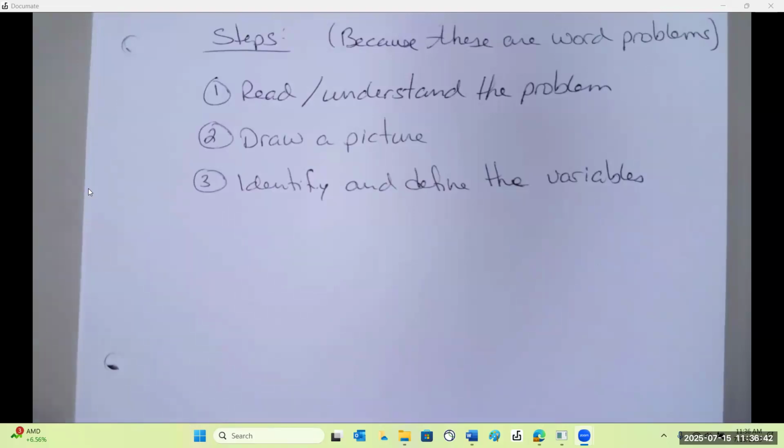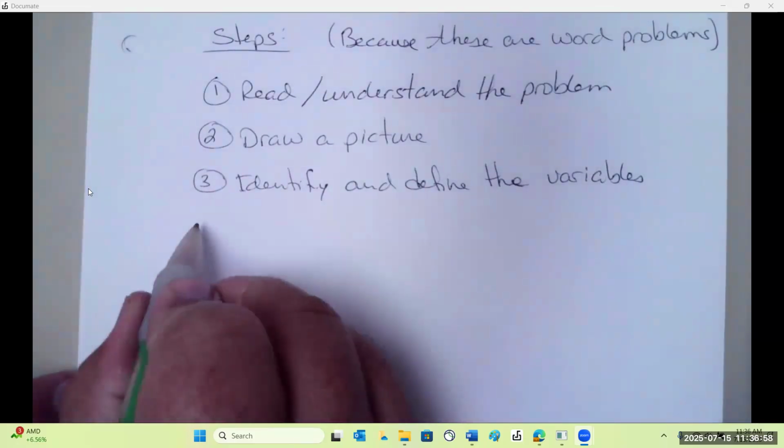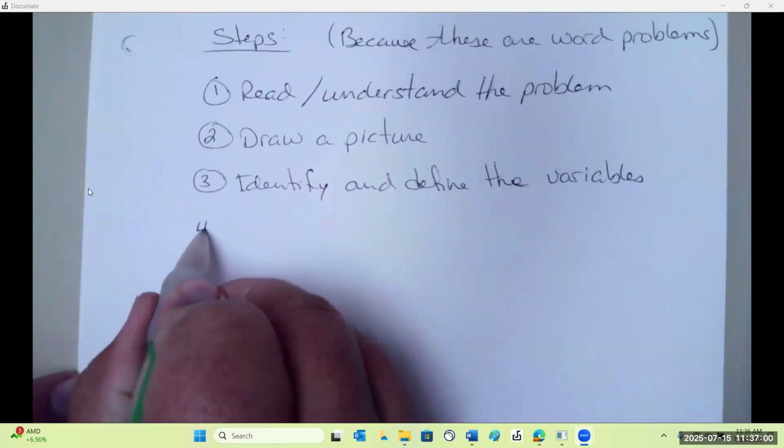And when they change, those are the variables. So everything changes with respect to time. If it's a moving problem, if it's a growth problem, same thing with time. So is the population growing? Is it decaying, or what? So identify, label and define the variables that you're using.